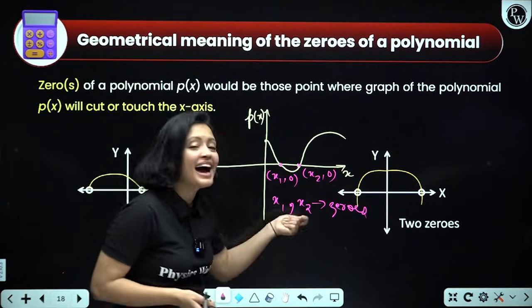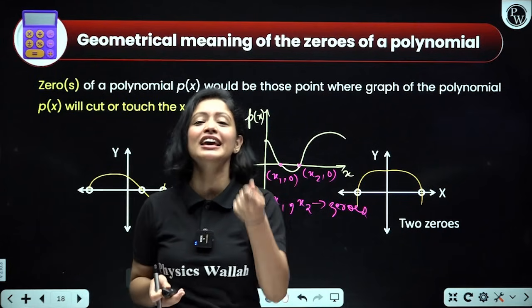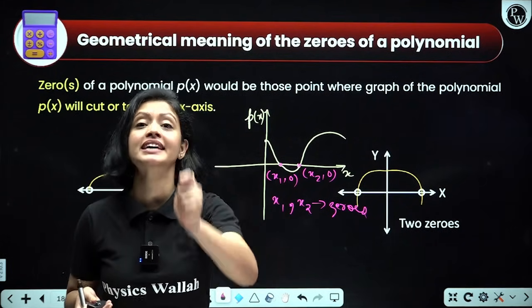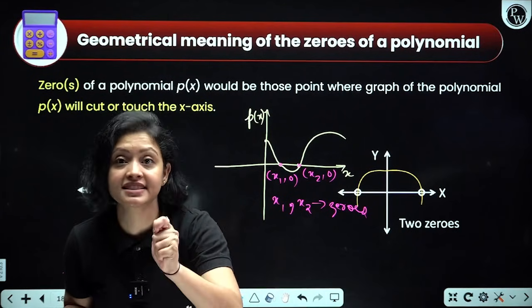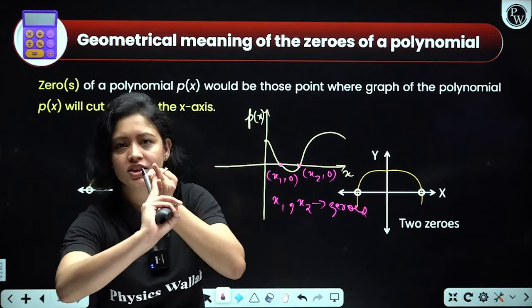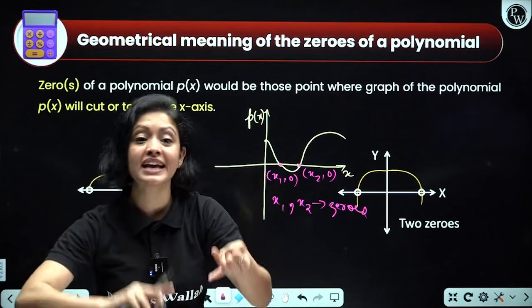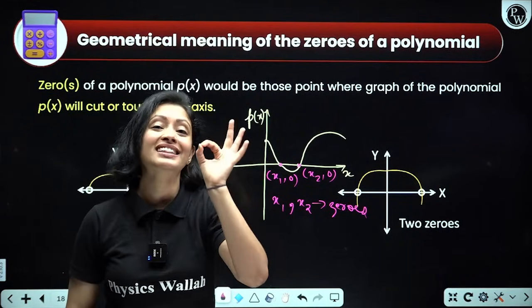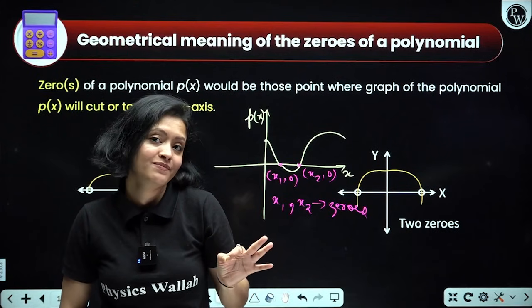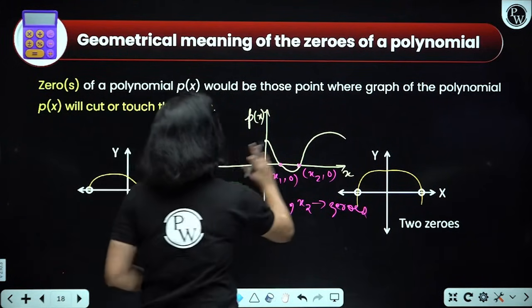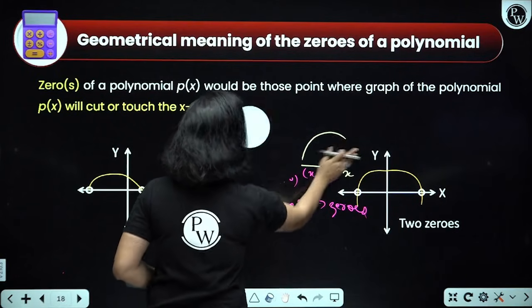So graphically you can say that wherever the graph of p(x) intersects or touches the x-axis, both of these things are true, there you get the zero of the polynomial.